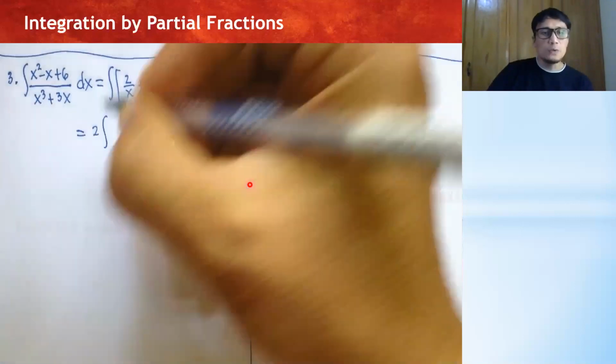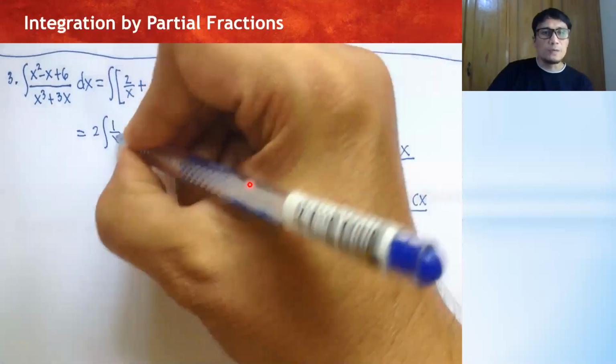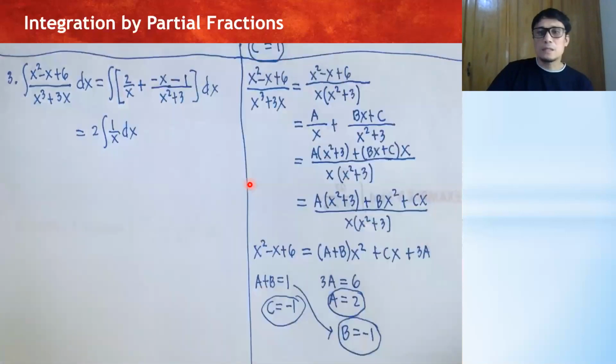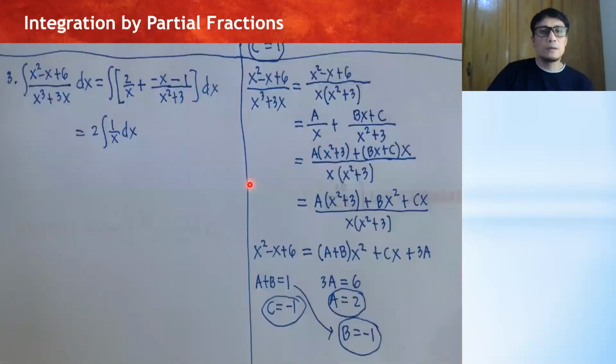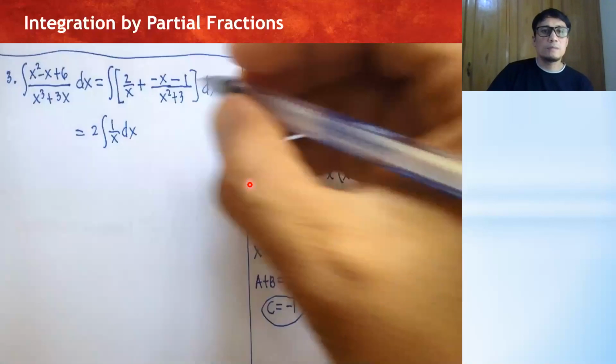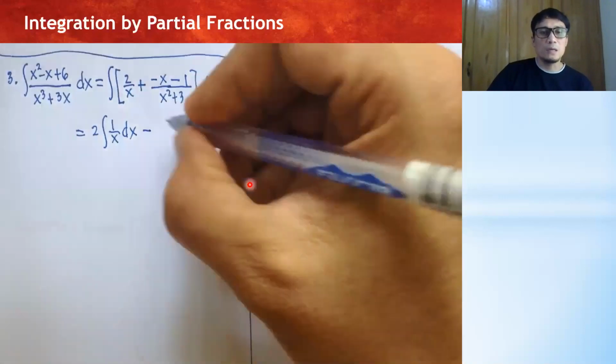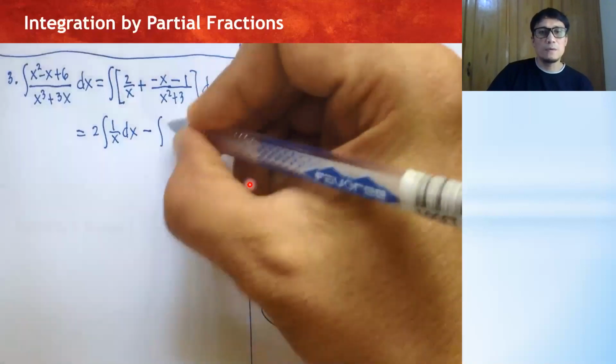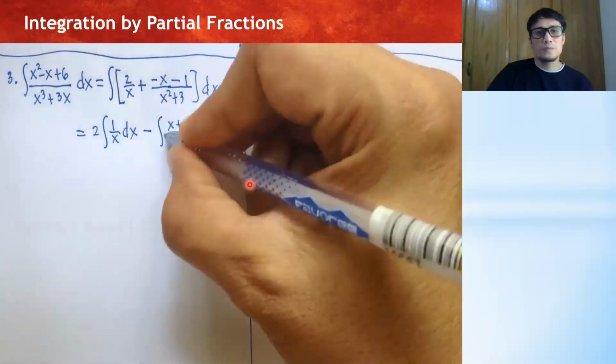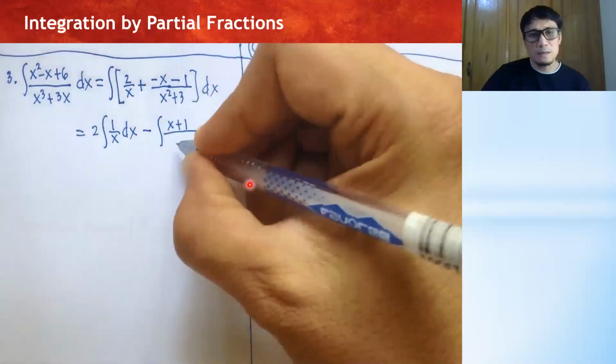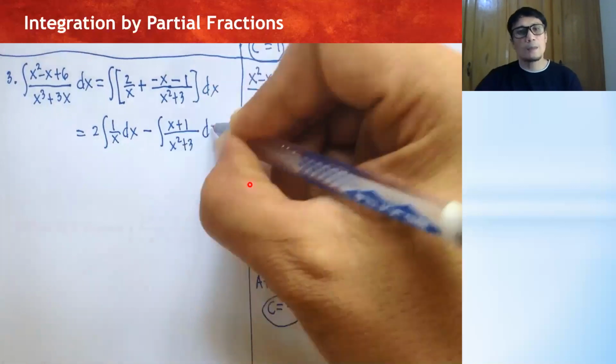So 2 times the integral of 1 over x dx. Then that's negative, so you can factor out the minus. Okay, you have the integral of x plus 1 over x squared plus 3 dx.